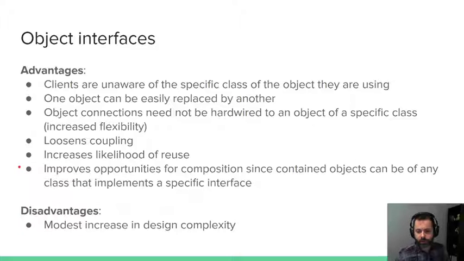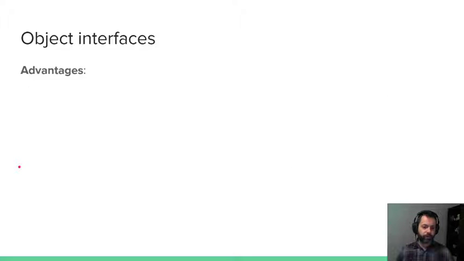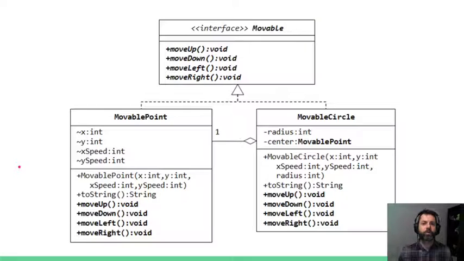Disadvantage, not too many, honestly. You have more complexity in your design. And what does that mean? Go back to this figure here. It's more complicated than if you didn't have this kind of a setup, right? And complicated is kind of a loose term in this regard because this honestly doesn't look terribly complicated. You have an extra class here where it's your interface.